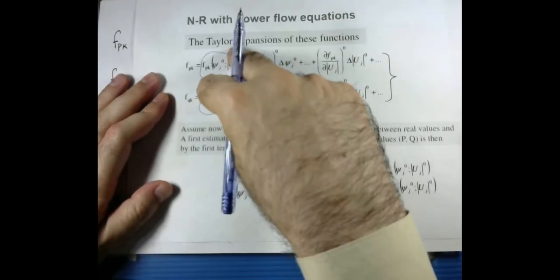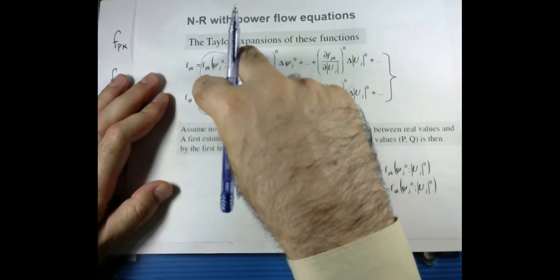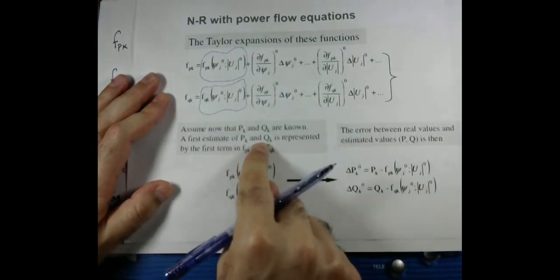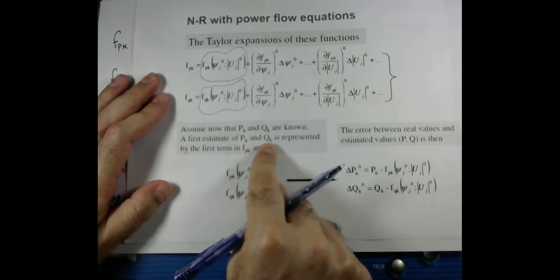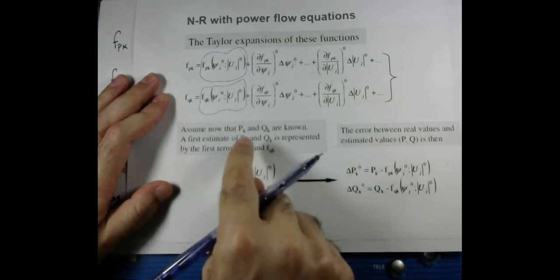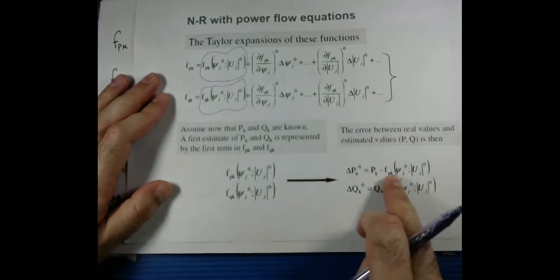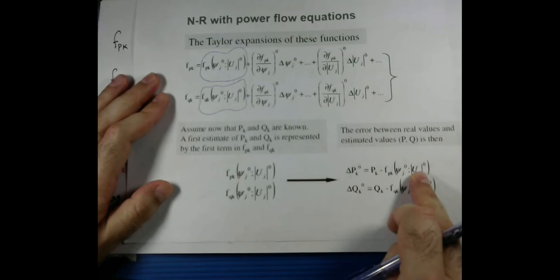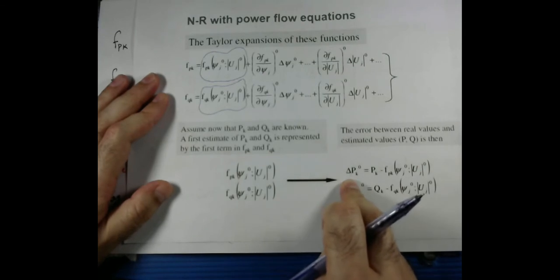On the guess we will calculate these two terms, and if we subtract them from the known values, like on a load bus, we know these values. So if we now take the difference, that of a given value minus the first guess, it will give us the error in the first estimate.